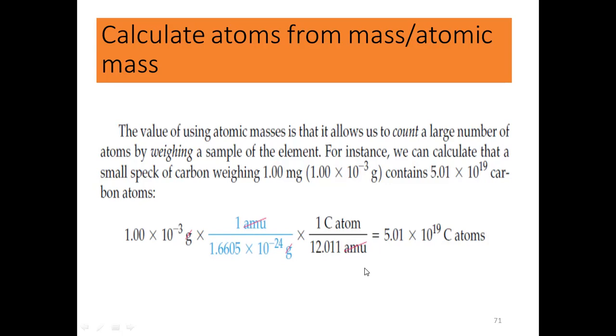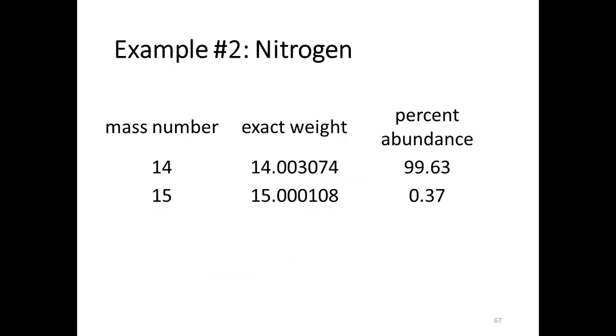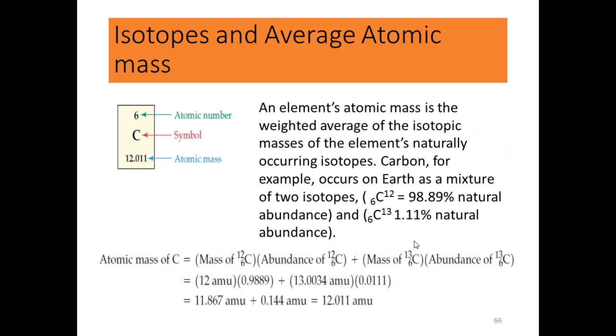Now we can use the ratio of AMU to atom, and you know one carbon atom has 12.011 AMU. Remember, in another video we calculated the average atomic mass of carbon, and it is 12.011 AMU. This is given in the periodic table, and you can use the periodic table to get this value.